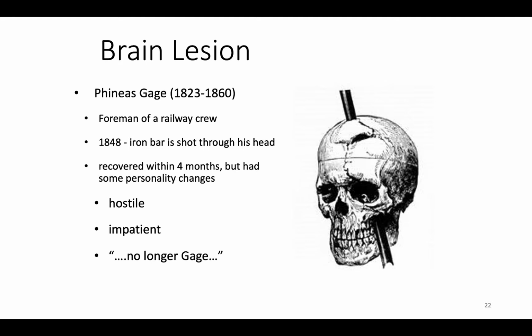After the accident, he changed. He is the same person, but his mental state changed after the accident in a way that he became hostile and impatient, and looks like the same person, but he is no longer the same person whose name is Gage. So brain lesion can change human personality.